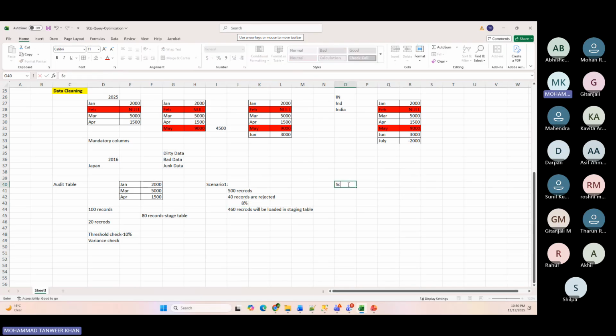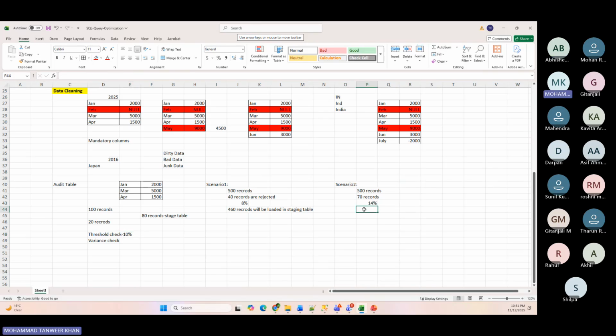Second scenario: 500 records, and suppose 70 records have been rejected. I think this is 14 percent. The 14% of records rejected is greater than the threshold of 10 percent.